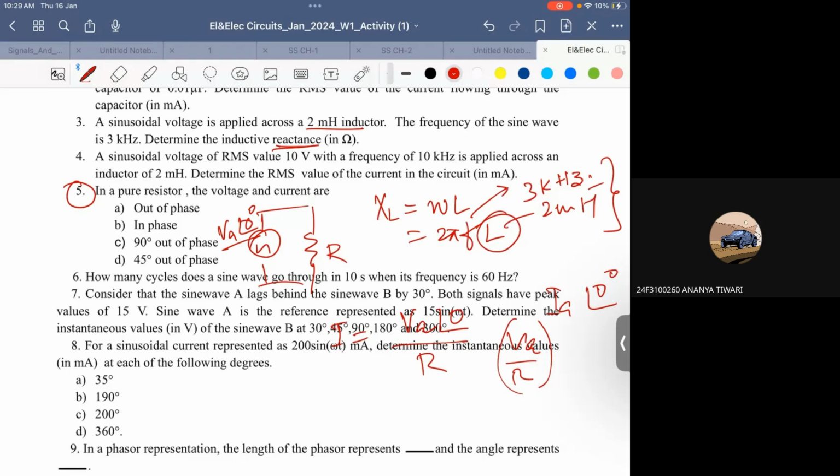So there is no phase difference between a voltage and a current in a pure resistive circuit. That can happen in RLC also, but there you have to check whether it's in resonance or not. But here, if you just have a pure resistive circuit, then there won't be any phase difference between the current and the voltage.